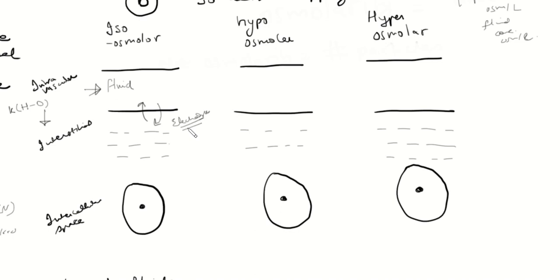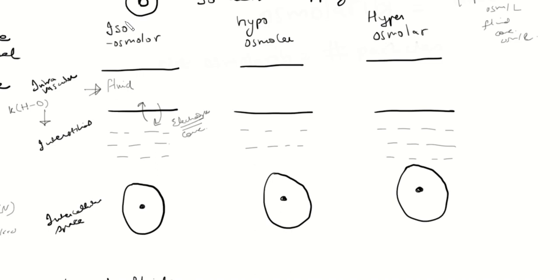So the fluid leaks out because of this equation, and the electrolytes move as well. But essentially the intravascular and interstitial space is going to equalize and get the same concentration.